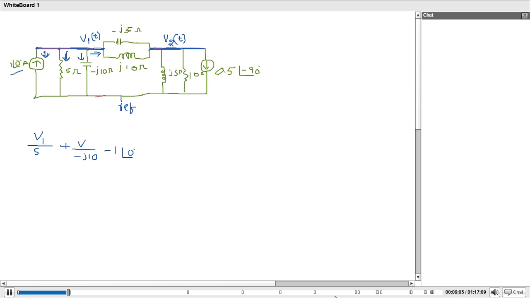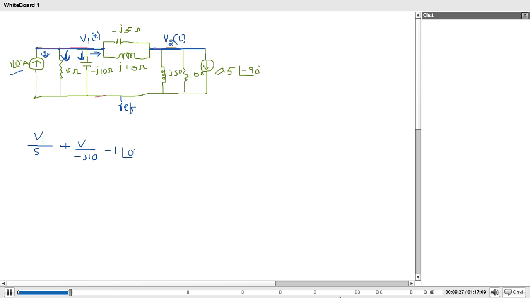So V1 by 5 is the current flowing through the 5 ohm resistor, that is the first term I wrote, and V1 by minus j10 is the reactance. The reactance unit is ohm, impedance unit is also ohm, resistance unit is also ohm.